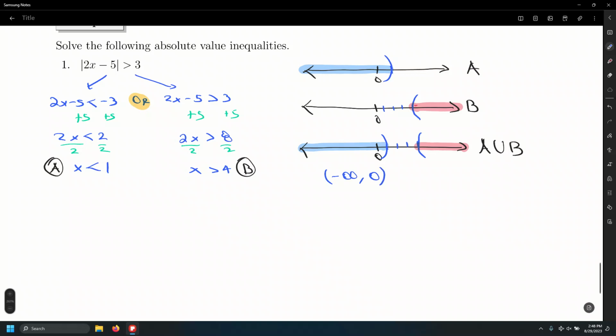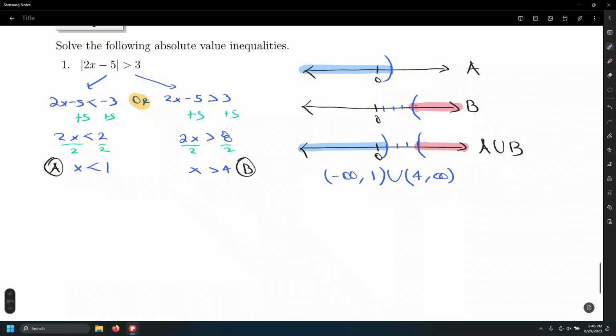Then, for that gap in between where we don't have anything shaded, we will have a union symbol, and then represent the interval in pink. I meant 1, right? Yes. And then that's going to be 1, 2, 3, 4 to infinity. And that's our solution using interval notation.